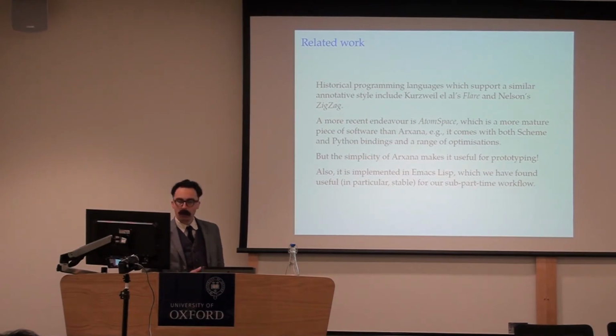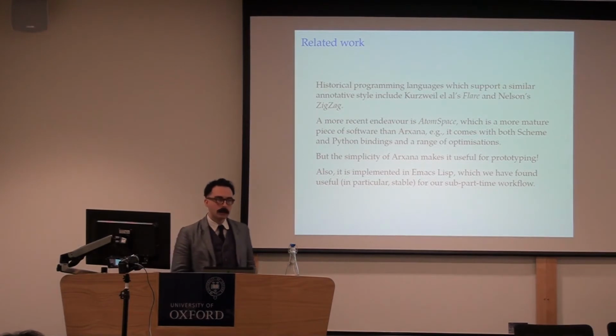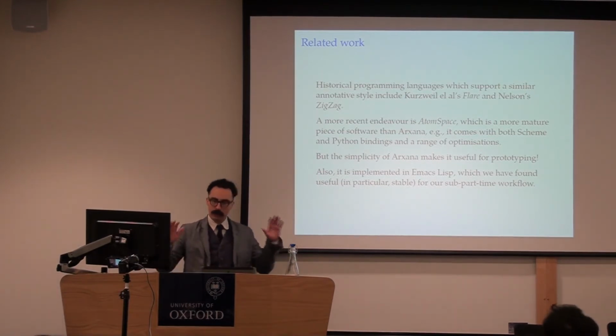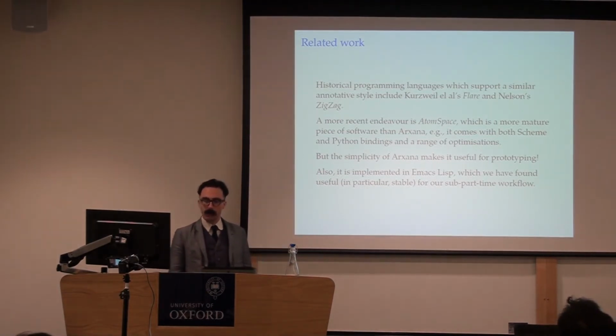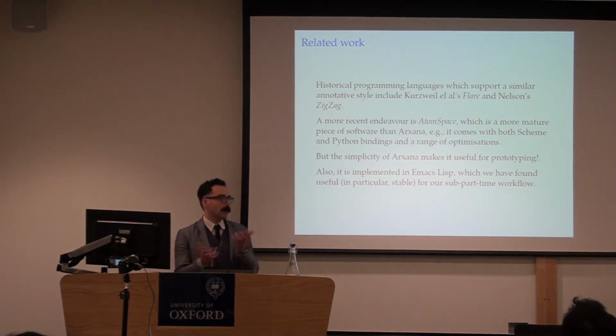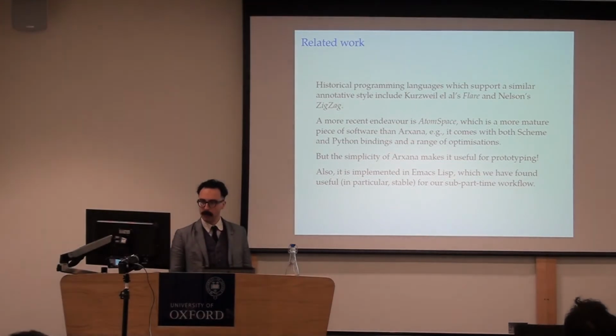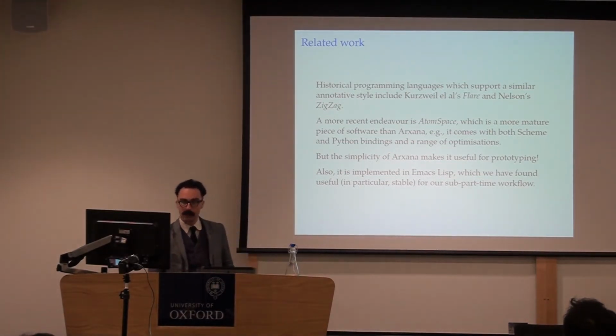And there's a bunch of related work out there, some classic stuff called Flare, which I think never really took off, and Zigzag, which I think at least halfway took off. But a more recent thing is called Atom Space, and that's like everything we do but better, except much more complicated. So instead of nemas, they call them atoms. It's the same kind of logic, and they've got Scheme and Python bindings, and they've got different optimizations and all kinds of stuff.